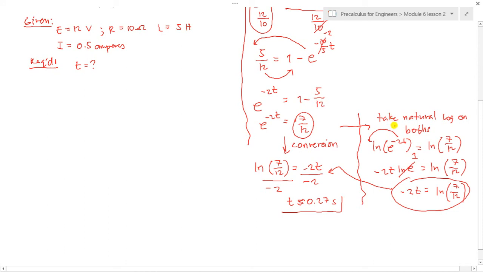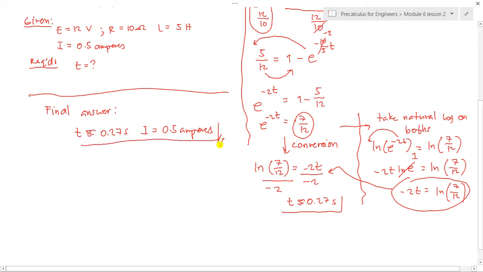Anyway, nothing changes because you apply it to both sides of the equation. So again, our final answer is t is approximately 0.27 seconds in order to achieve a current of 0.5 amperes.